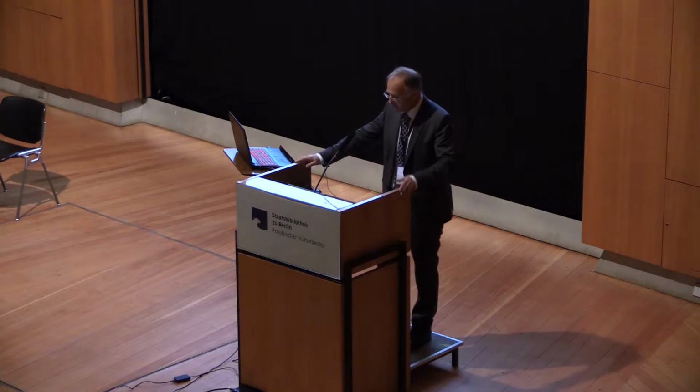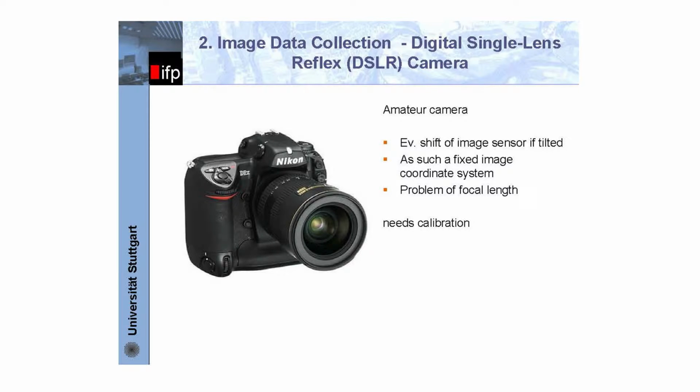Which systems, which cameras do we use today? We use today digital single lens camera systems. You see here an early Nikon. We can calibrate all those camera systems very precisely, but we can also use industrial cameras which are directly linked to a computer.